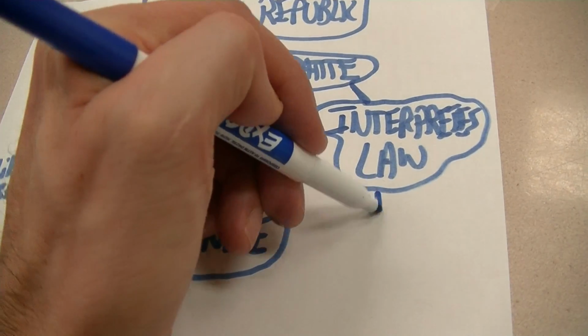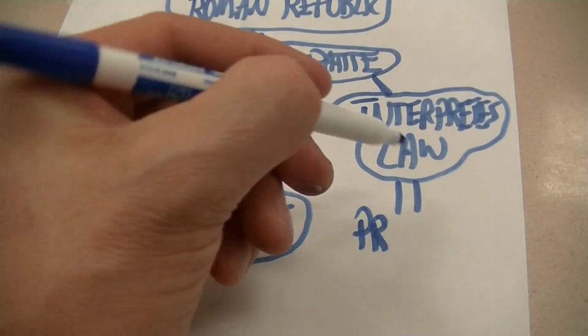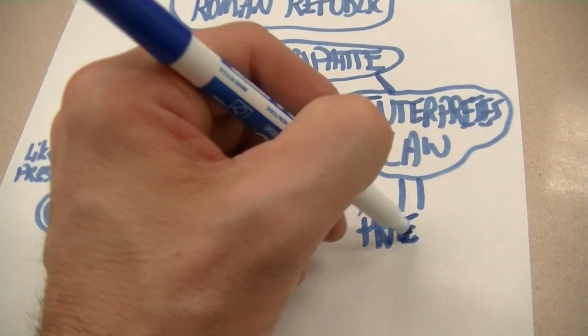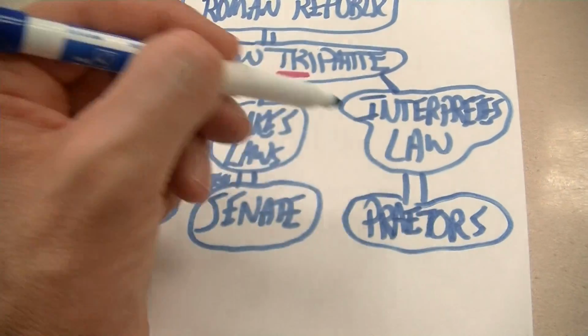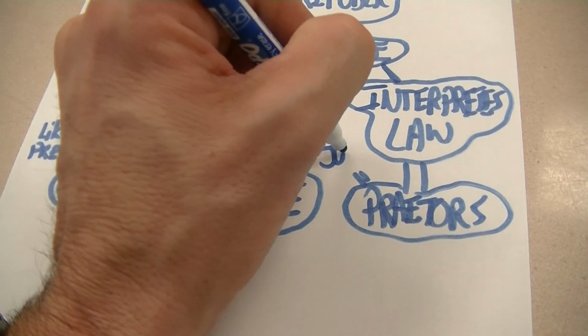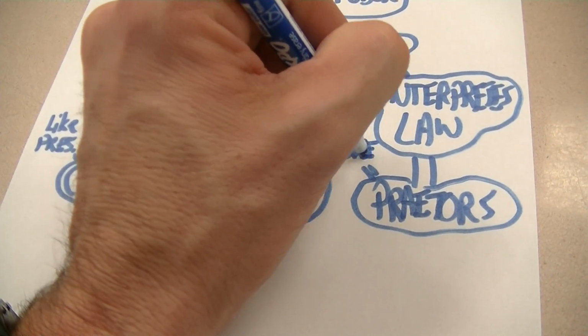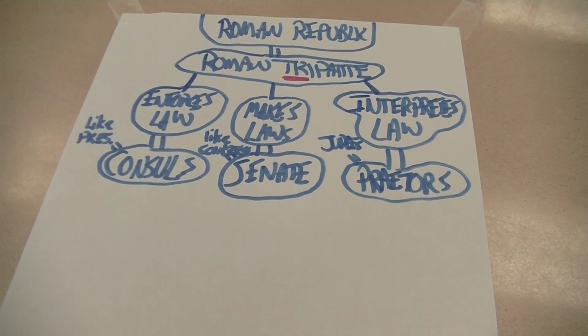And this group is what's called the praetors. In Rome, the praetors. In the United States, it is our judges or Supreme Court. That's the highest court in the land.